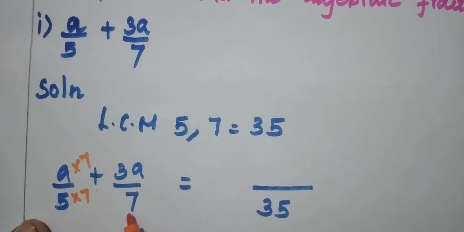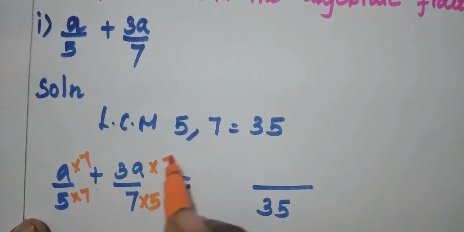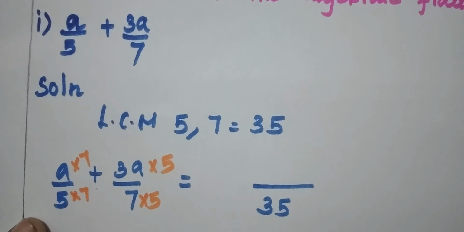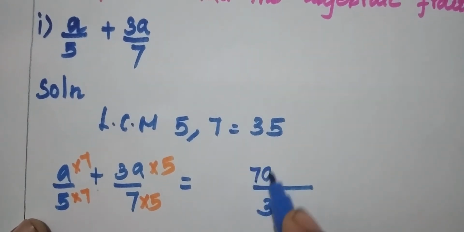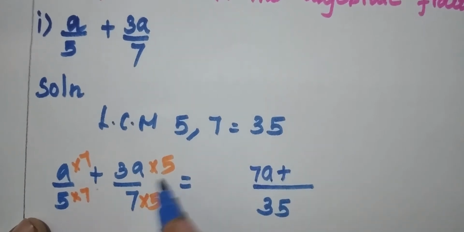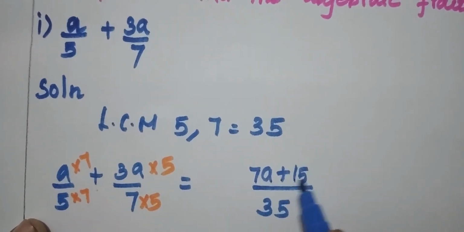Here the denominator is 7. In order to get the number 35, we should multiply the numerator and the denominator by 5. a into 7 is 7a, plus 5 3s are 15, 15a.